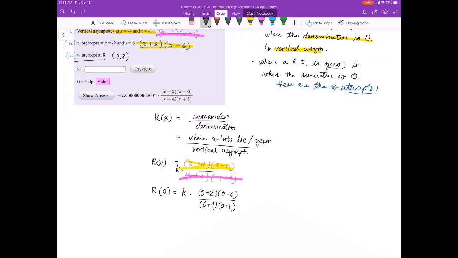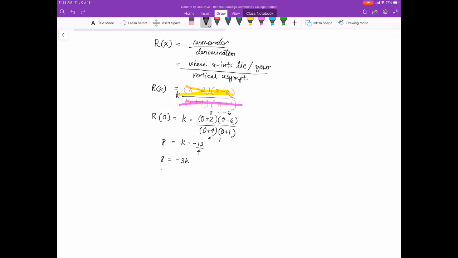So r of 0, the y value is 8, and this is equal to k times 2 times negative 6 over 4 times 1. So this is negative 12 over 4. So 8 is equal to negative 3k, and now k is equal to negative 8/3.